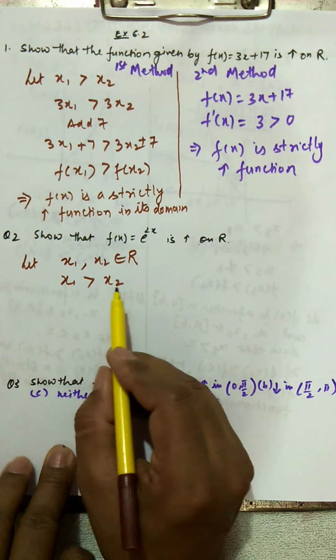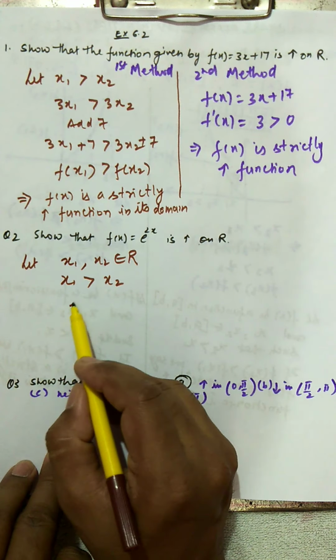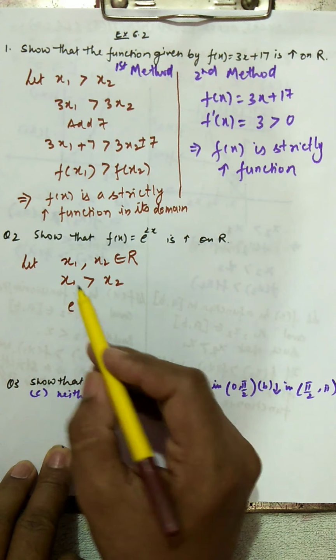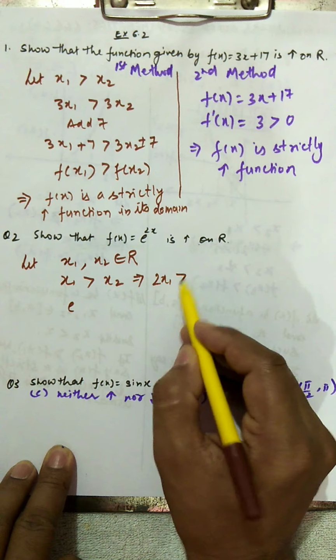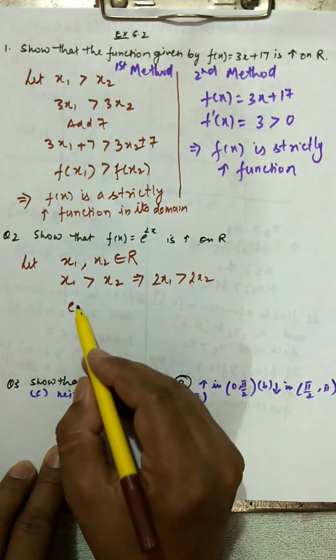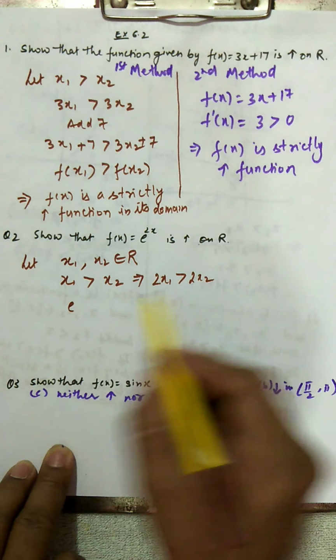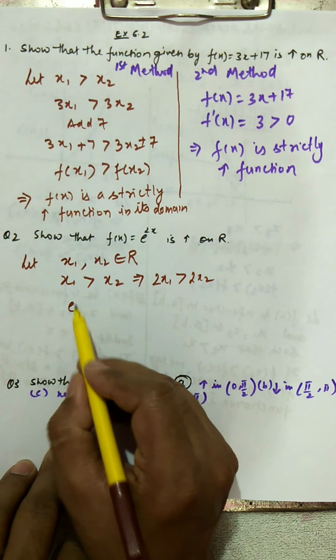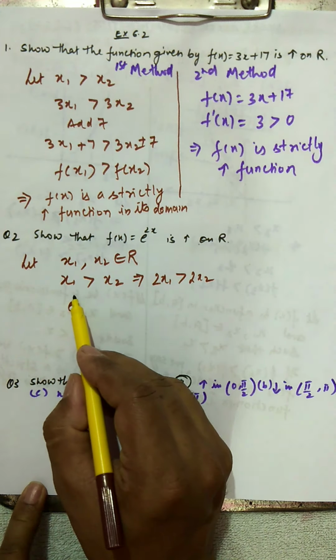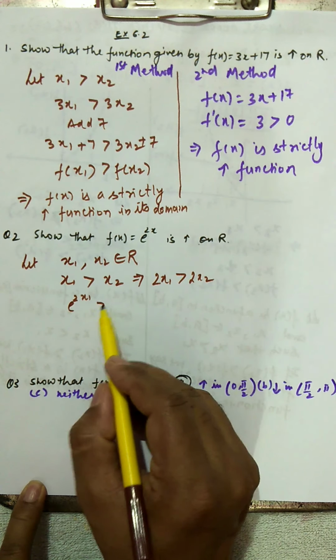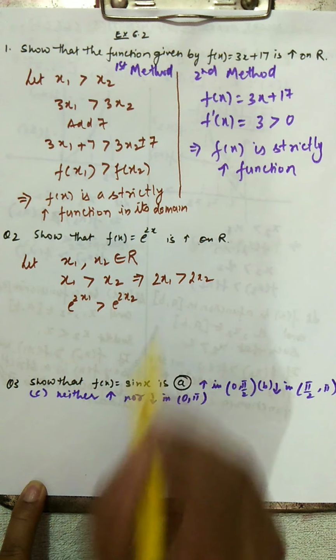You can multiply these numbers, and the second step you can do is 2x1 greater than 2x2, and if you raise in the exponent, then the e function is always an increasing function. So e^(2x1) will be greater than e^(2x2).